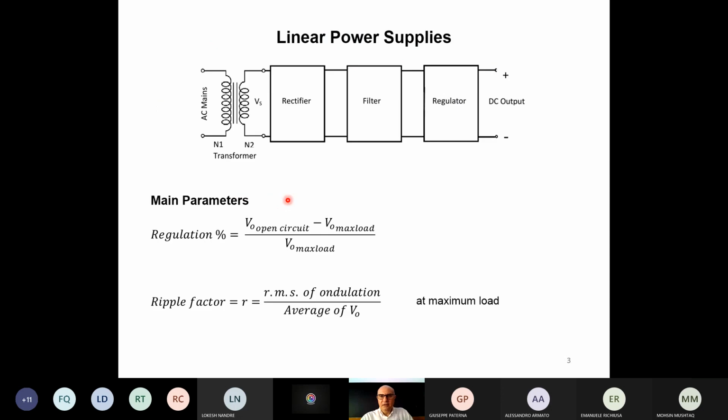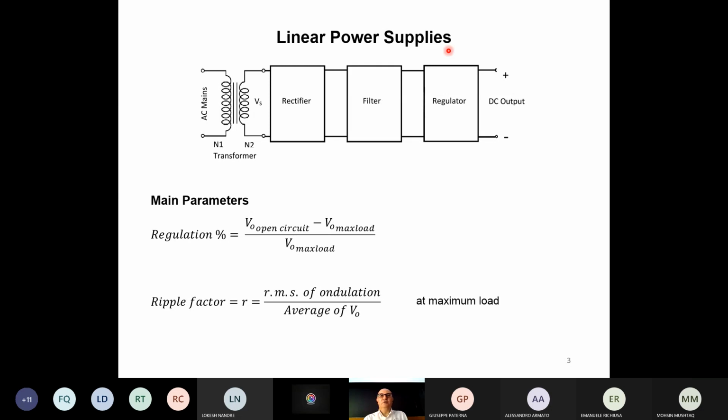Now, what is next? Okay, if you want, we can start to talk about something more interesting. As I told you, the first subject that we'll study in this course has to do with linear power supplies.